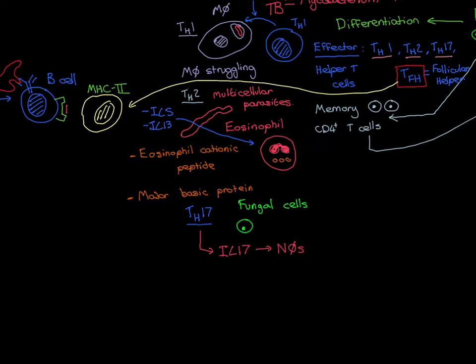And of course, on the surface of that cell, you'll have the T cell receptor, which will be directed against this MHC class II peptide fragment complex that we've got here, or will be directed against one, hopefully, of the MHC class II peptide fragment complexes that this B cell has put on its surface. So this here is the T cell receptor, and that cell is a T follicular helper cell.